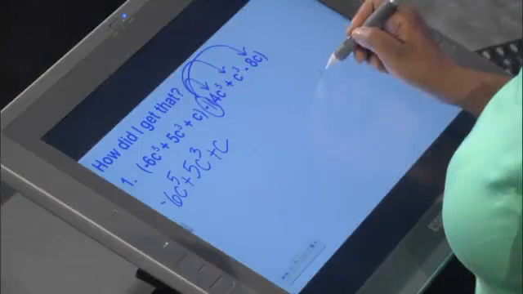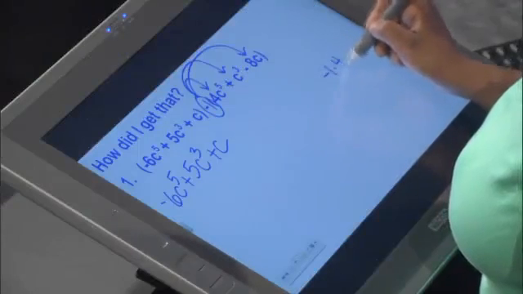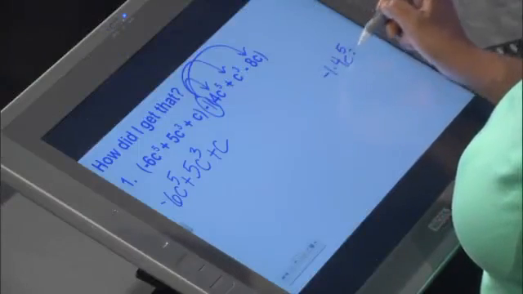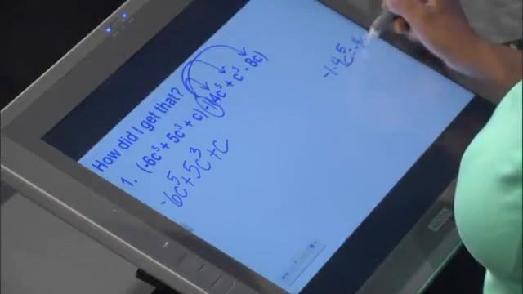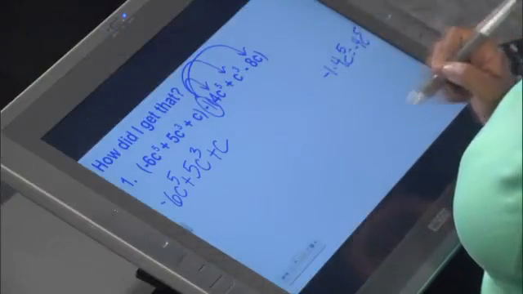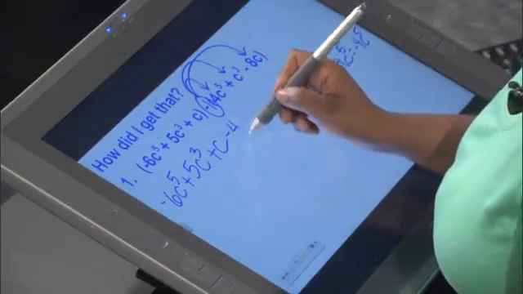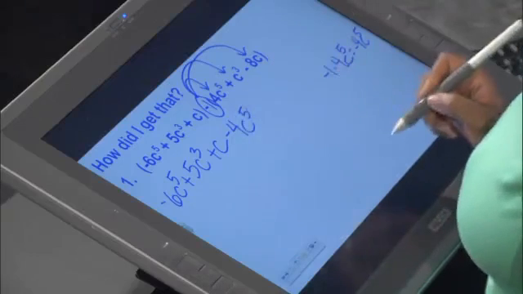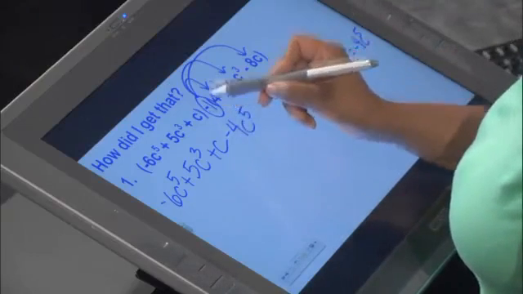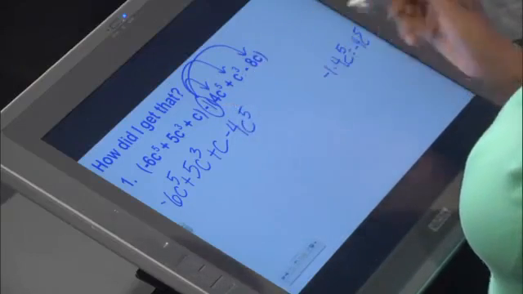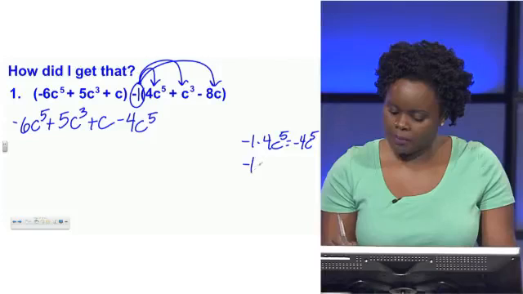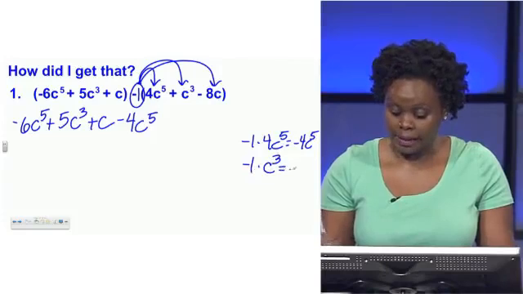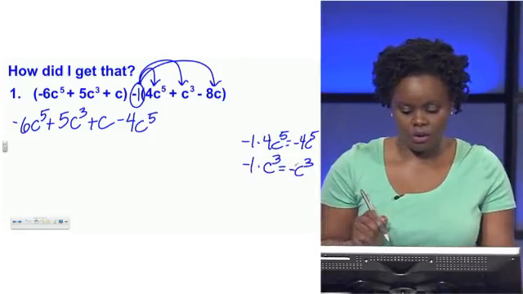Okay, so negative 1 times 4c to the 5th, that's negative 4c to the 5th, right? So minus 4c to the 5th. Then I have negative 1 times c to the 3rd. So that's negative c to the 3rd, right?